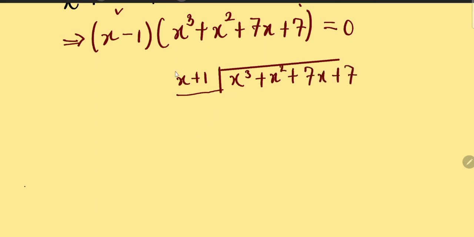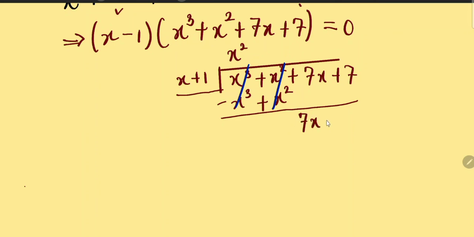We go again, we have x goes in x cubed, we have x squared, then x squared times x plus 1, we have x cubed plus x squared. So we subtract again. If we subtract that, we see that this will take care of this. Likewise, this will also take care of this. We are left with ordinary 7x plus 7. So we go again, we say x goes in 7x, we shall have plus 7, times x plus 1.